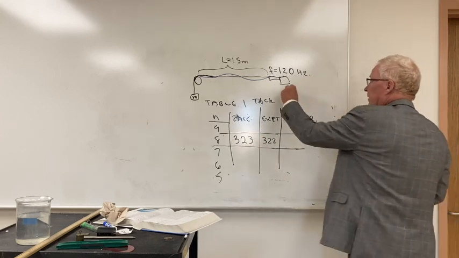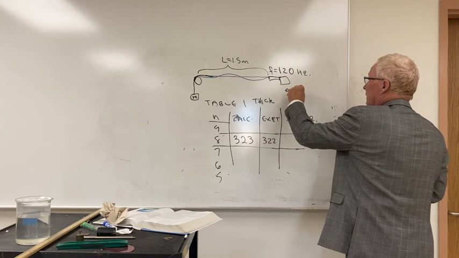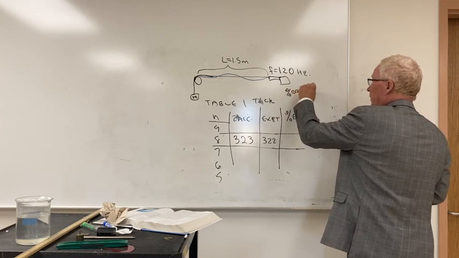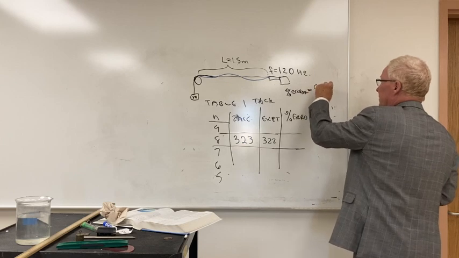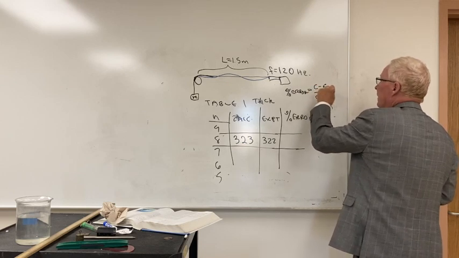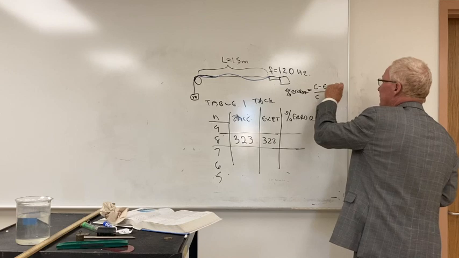Then the percent error, or percent difference, probably a better word, is calculated minus experimental divided by calculated times 100.